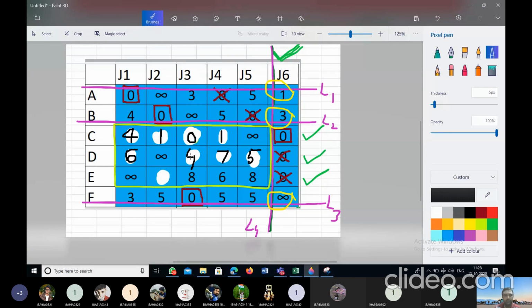So 4 minus 1, 3. Next, 8 minus 1, 7. Next, 6 minus 1, so it is 5. Next, 8 minus 1, 7.